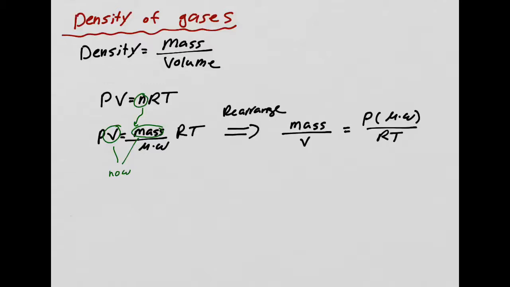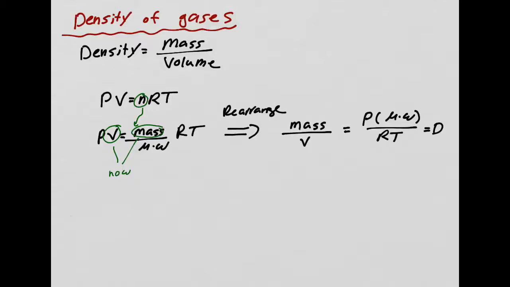I said to figure out moles, I have to divide mass by molecular weight. So I can just write mass divided by molecular weight is moles. Okay. So now I have volume and mass. These are the two components I need for density. And what I need to do, I need to have mass over volume. So I'm going to rearrange. I want to move things around so that I would have mass over volume on one side. If you do that, then mass over volume equals P times molecular weight over RT, and this is our density. So far, so good.